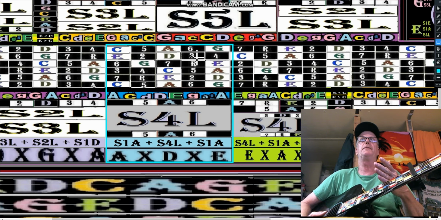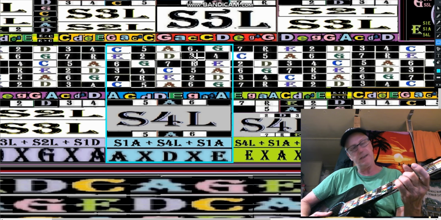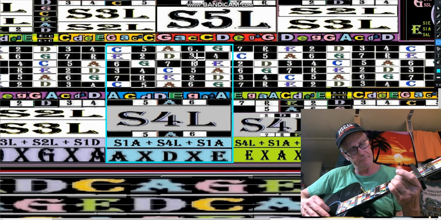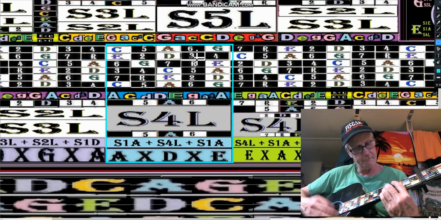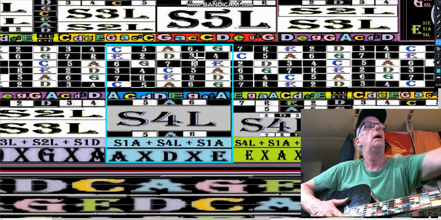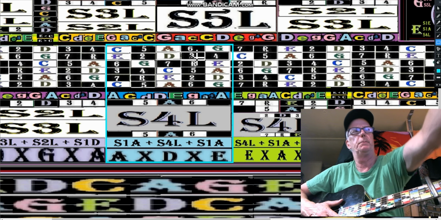Notice we're away from the fret nut now. We've taken this A, like A440, and we've brought it up to a C. But it was actually second inversion.